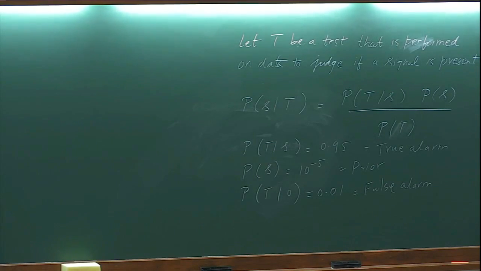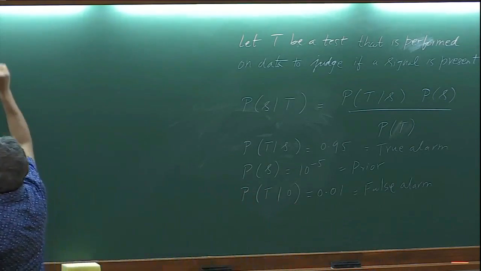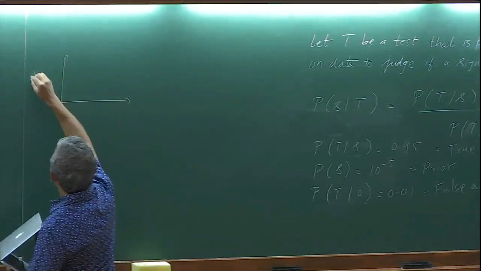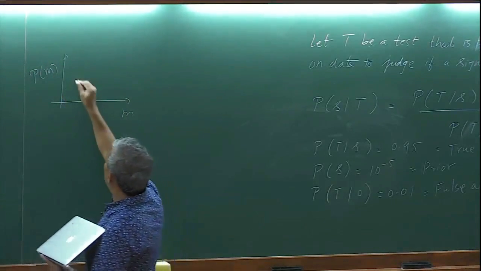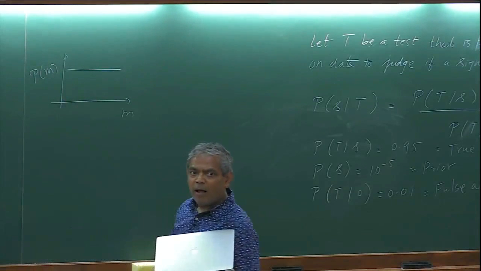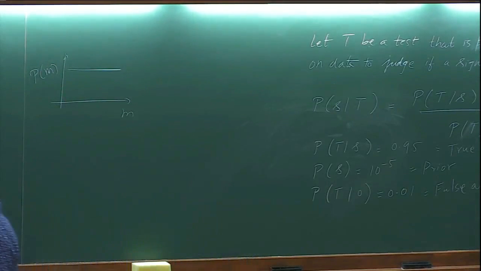But if you assume that the prior distribution is actually flat for the component masses, it takes many, many experiments before you actually begin to see the distribution. So if you start off with probability of m as a function of m to be flat, after one experiment this might change a little bit.